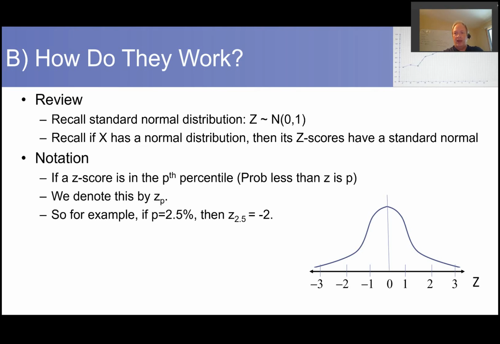And so if, for example, we were talking about a probability of 2.5%, we know from the empirical rule that the Z-score that has 2.5% in its left tail is -2.